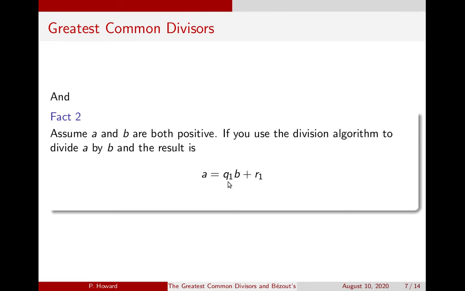So I've called the quotient Q1 and the remainder R1 in this equation. Dividing A by B gives you an equation, A equals Q1 B plus R1. And as we know, the remainder will always be non-negative and less than the thing you're dividing by, which is B in this case.